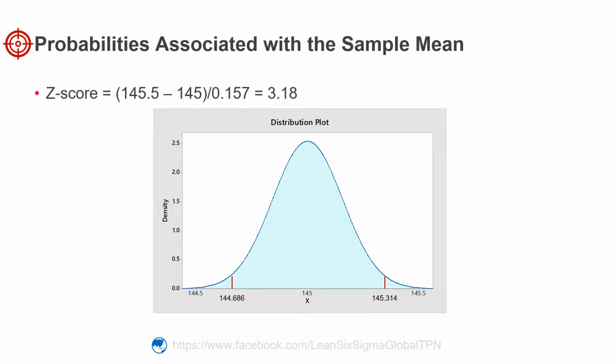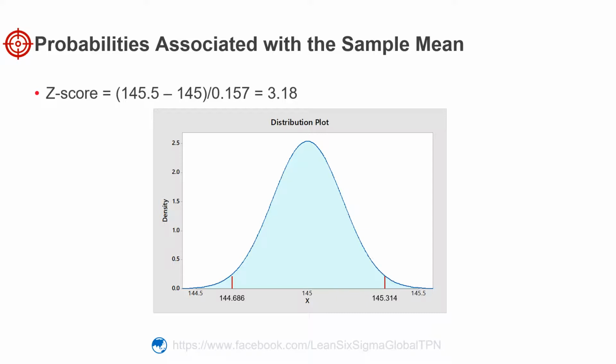The sample mean of 145.5 that we observed has a z-score of about 3.18. The sample mean would be within 3.18 standard errors of the process mean in 99.79% of samples.